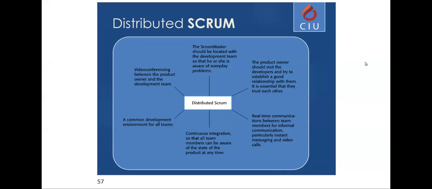Next, the product owner should visit the developers and try to establish a good relationship with them. It is essential that they trust each other. I again agree with this part, but this doesn't need to be a physical visit nowadays, because this visit could be something that you can do, like a synchronous meeting on a specific platform.